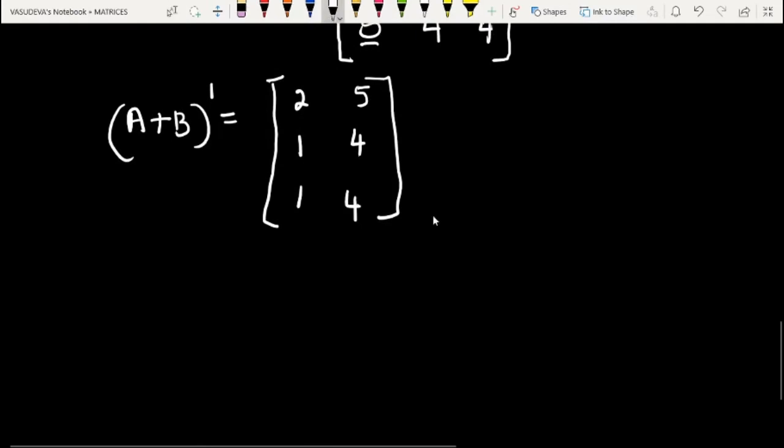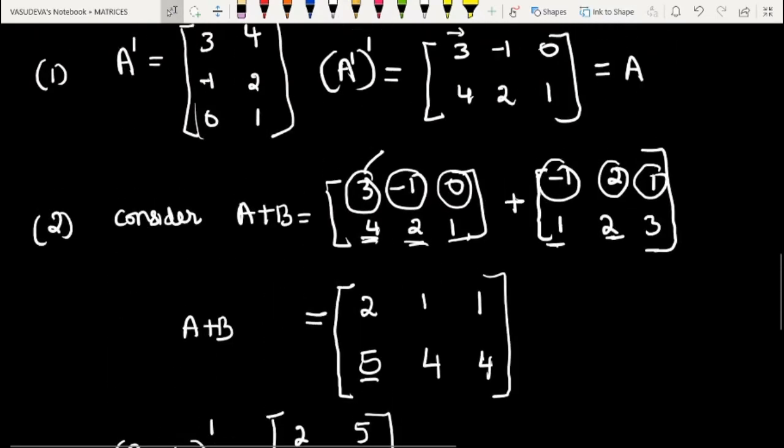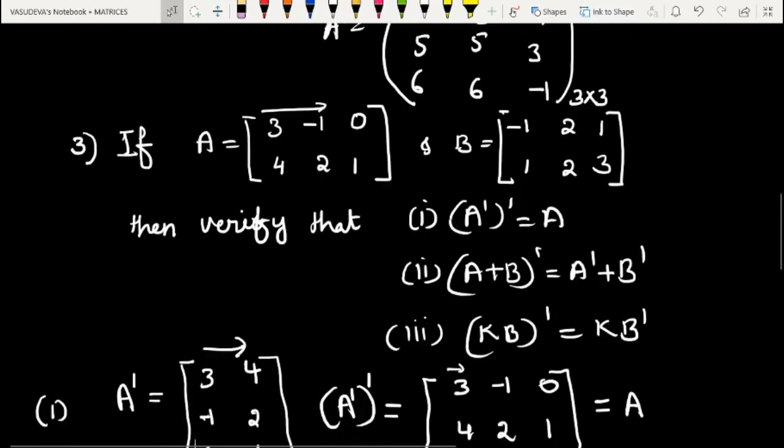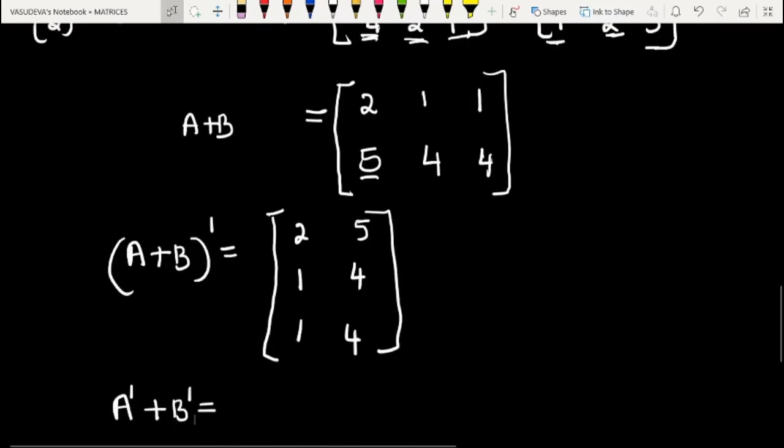So now consider A dash plus B dash. So what is A here? That is [3, -1, 0; 4, 2, 1].